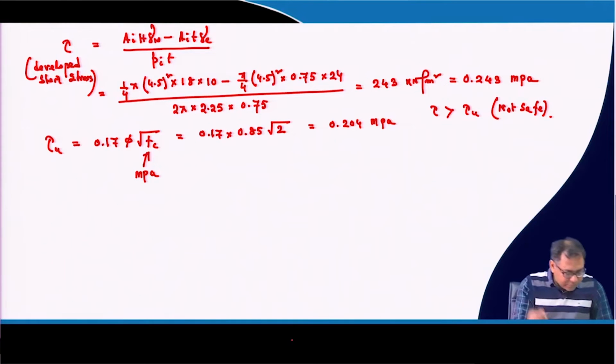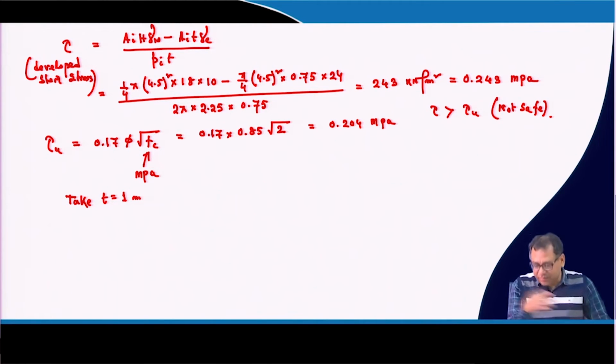Okay, so, now we have to go for the next trial. In the next trial we are taking t equal to 1 meter. We are increasing that, because other conditions are safe, only we have to save against this shear.